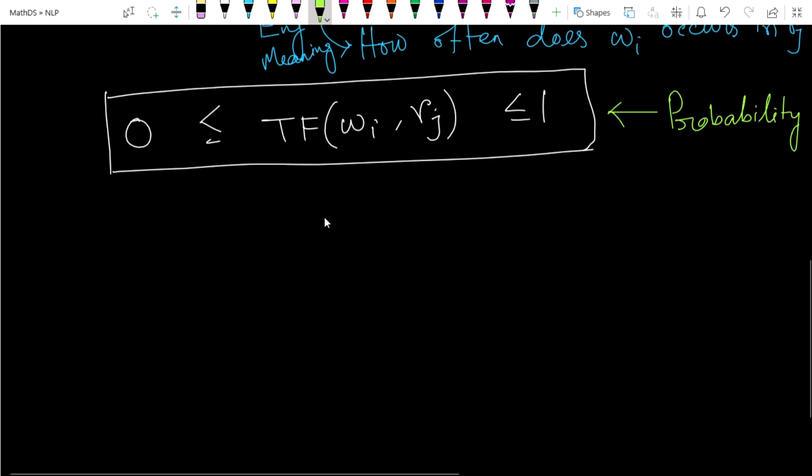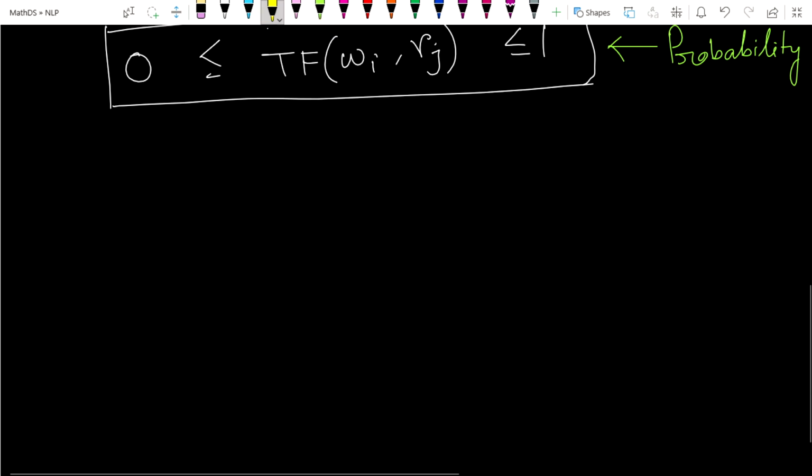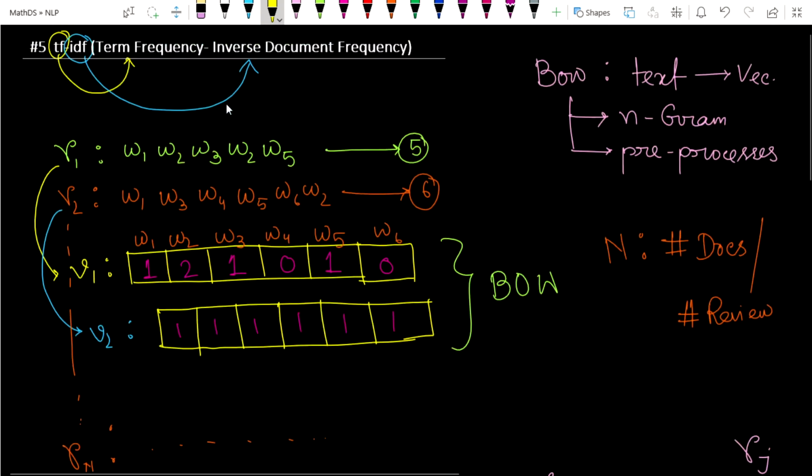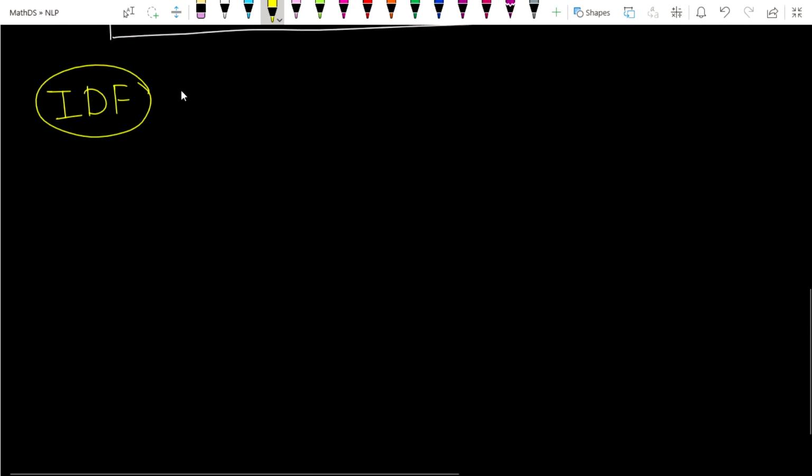Now let's try to understand what IDF is. IDF means inverse document frequency. Let's understand it with the same kind of example. We have n documents R1. Don't be confused, I am repeatedly using the words sentences and documents.